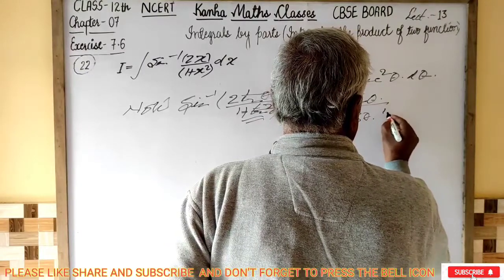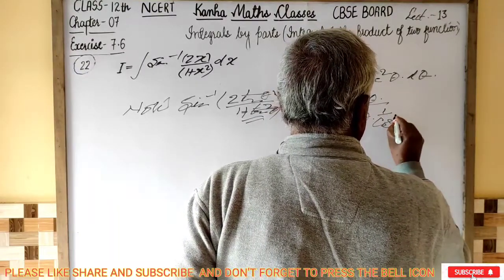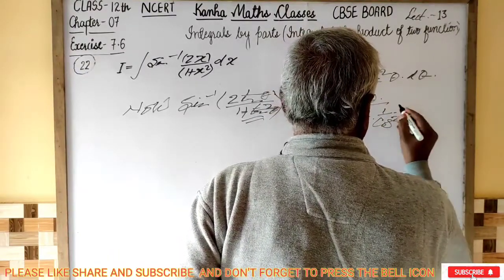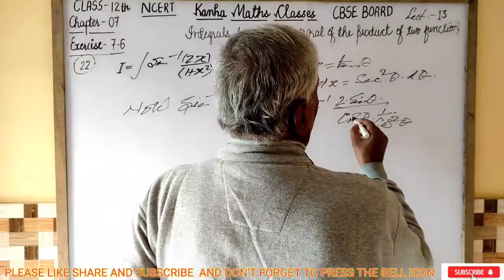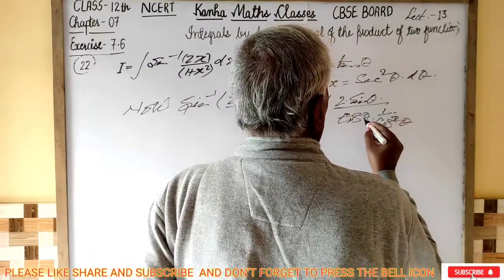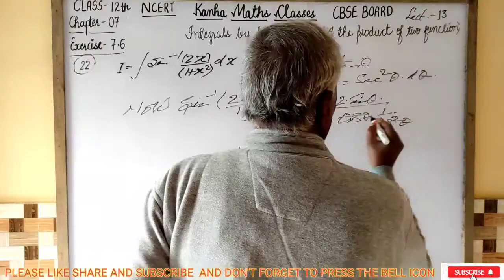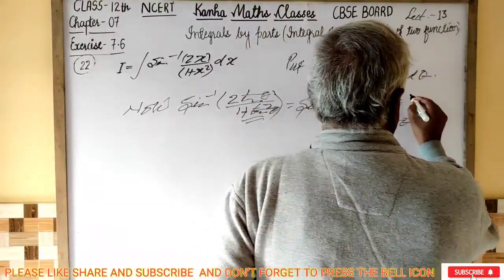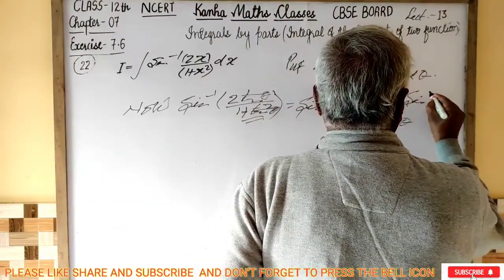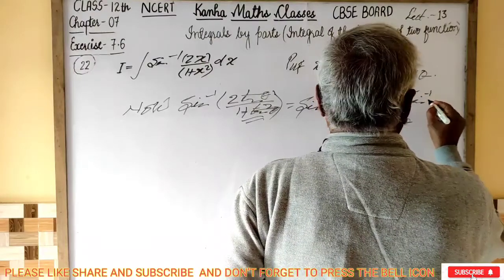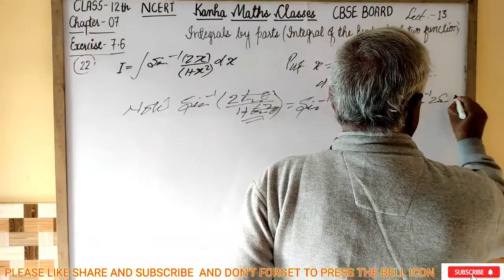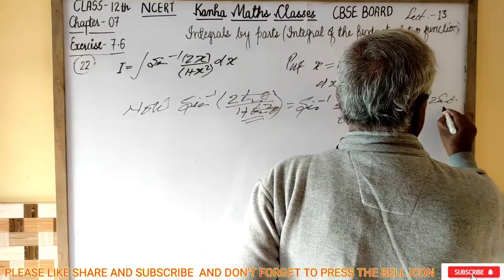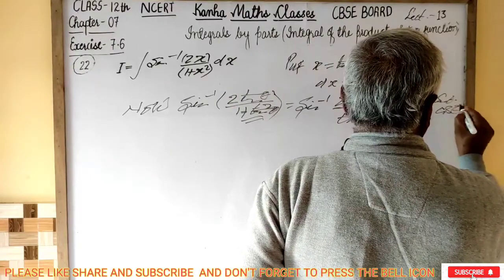Sec square theta means 1 upon cos square theta. This will be cut by this, and this will become sin inverse of 2 sin theta into cos theta.